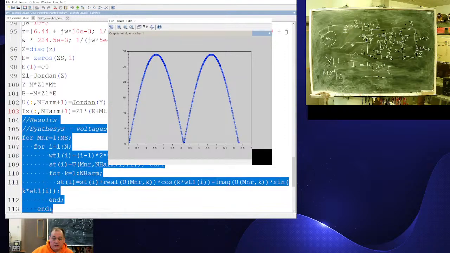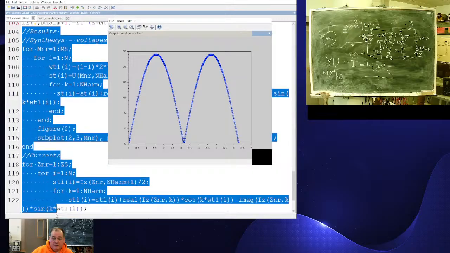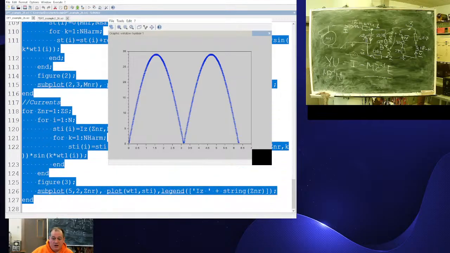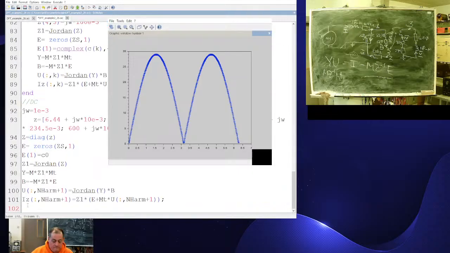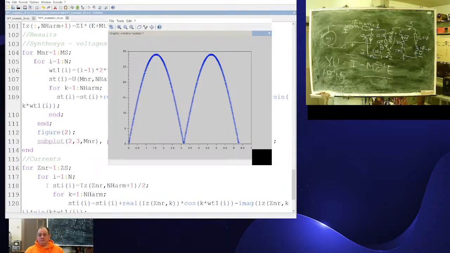Synthesis for voltages and synthesis for current. Very simple. I just perform synthesis of Fourier law.